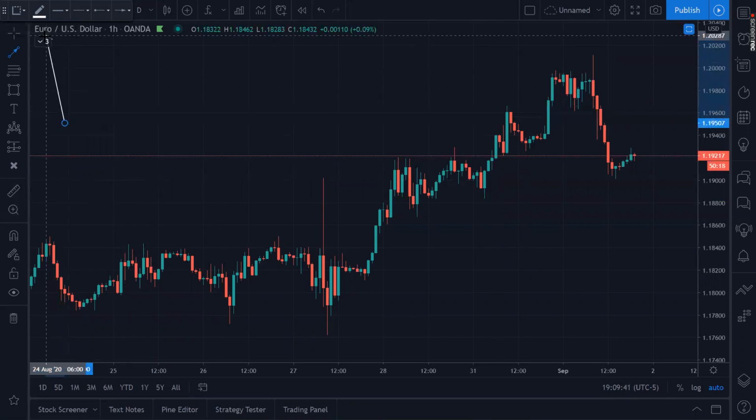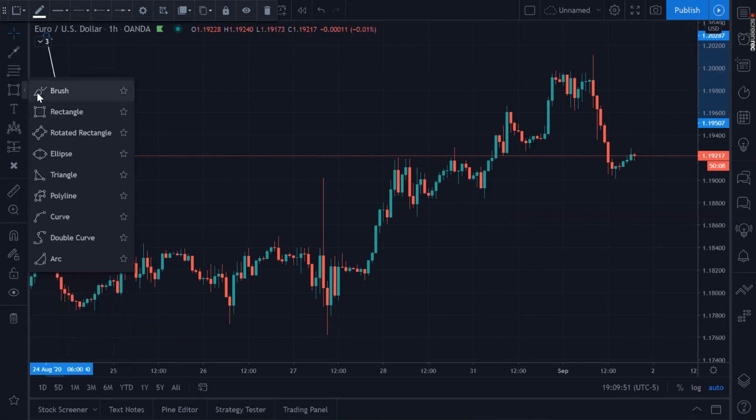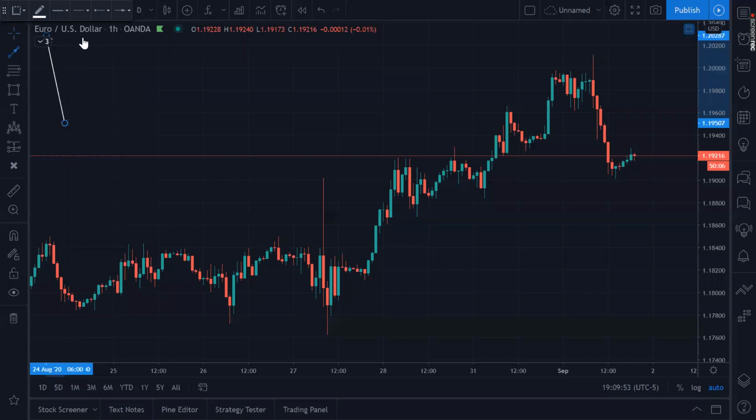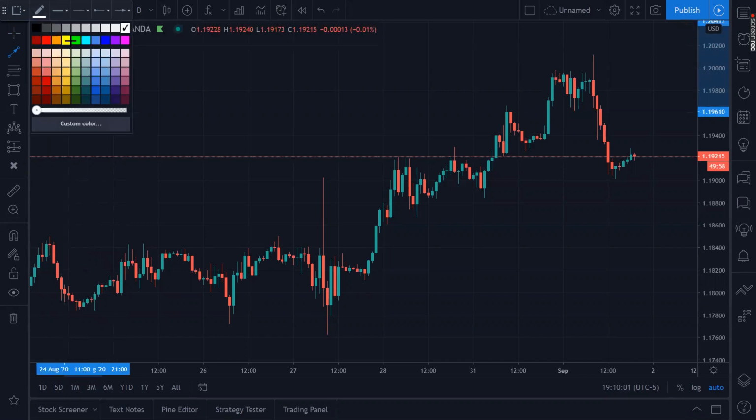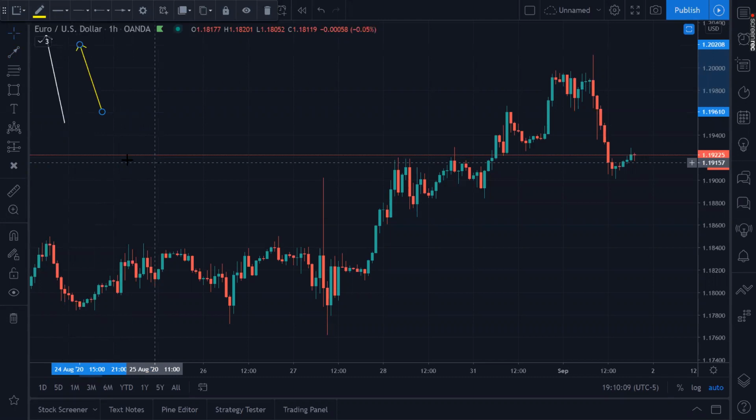So the euro right here, as you can see, that is the base quote. And then the US dollar, I'm going to go ahead and color that yellow, is the currency quote.